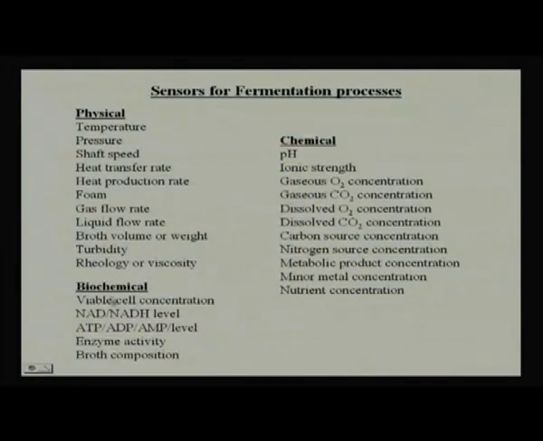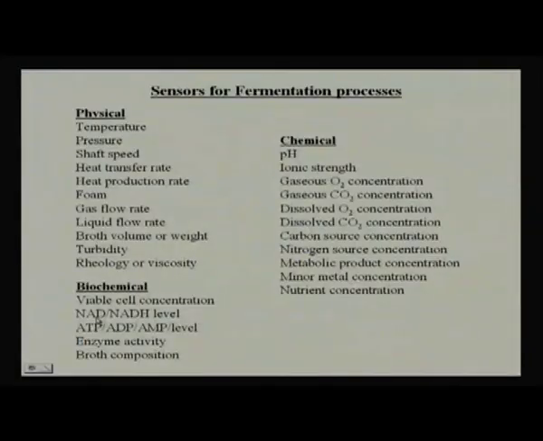So, here some sensors are there through which we can get the viable cell number or concentration in the reactor system. We can also sense the NAD, NADH level of some of these cells. ATP, ADP, AMP levels can also be evaluated through the sensor.